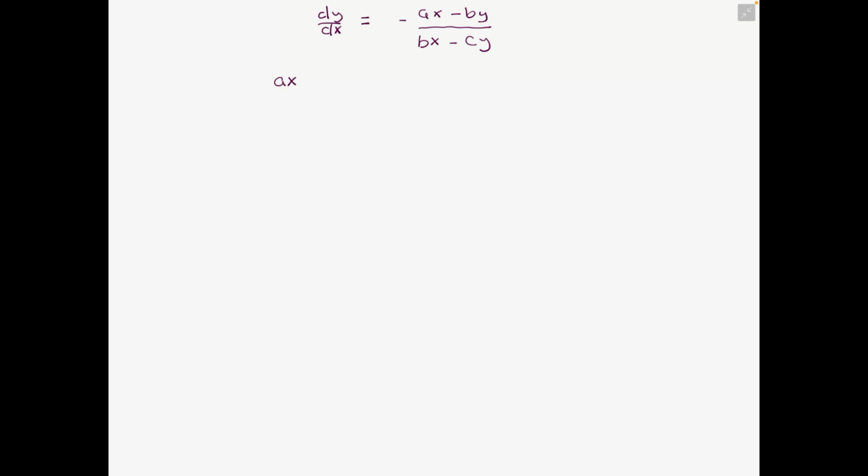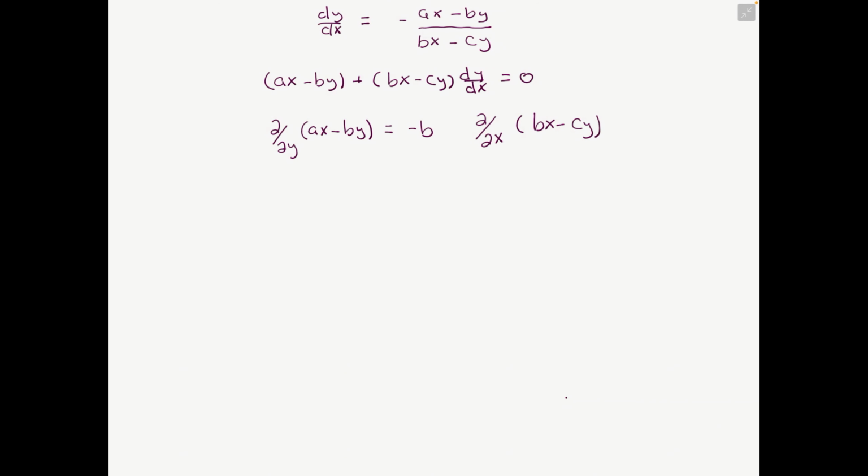Now here's one that is similar to the one we just looked at. dy dx is equal to minus ax minus by over bx minus cy, and this is then ax minus by plus bx minus cy dy dx is 0.